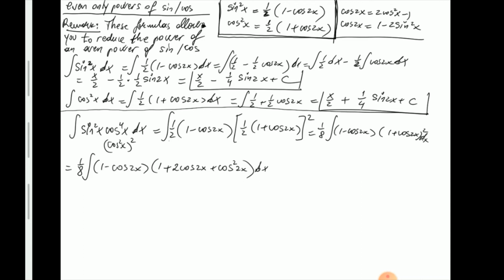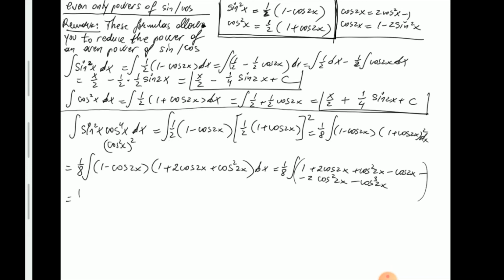And as bad as it looks, there's nothing else I could do except expand it even further. So basically multiply term by term. So that's going to be 1 times 1 plus 2 cosine 2x plus cosine squared 2x, then minus cosine 2x times 1 plus 2 cosine 2x plus cosine squared 2x, and then minus cosine cubed 2x dx, right?